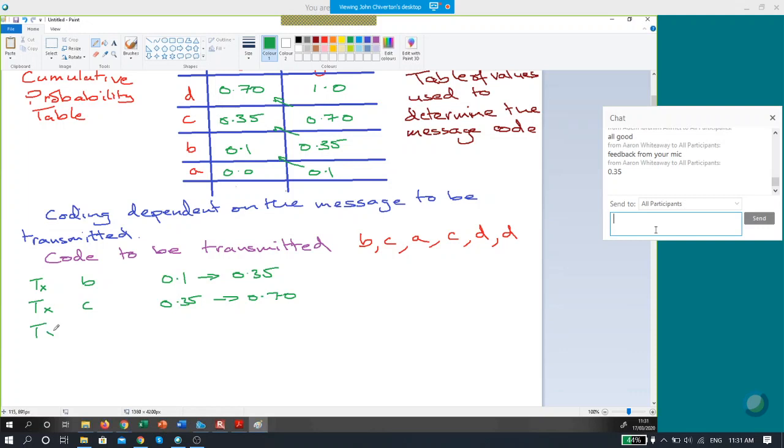And then we need to transmit an A, which is 0 to 0.1, sorry. Then a C, which is the same as before, 0.35 to 0.70, and then two Ds. So those are from 0.70 to 1.